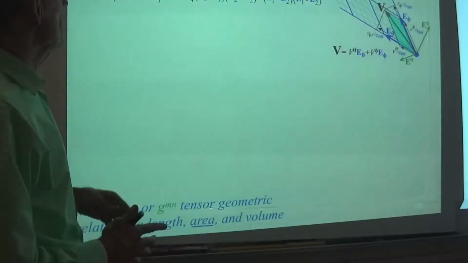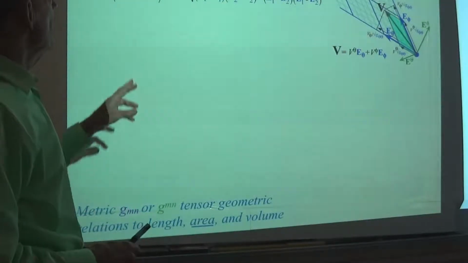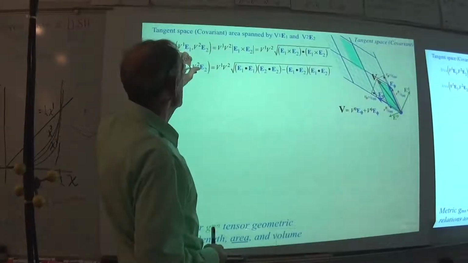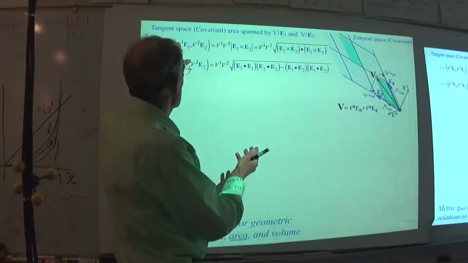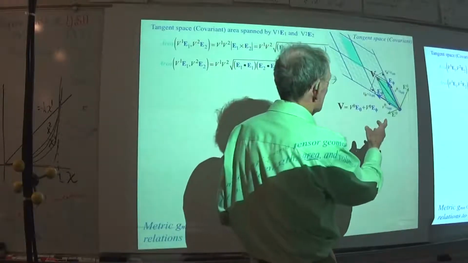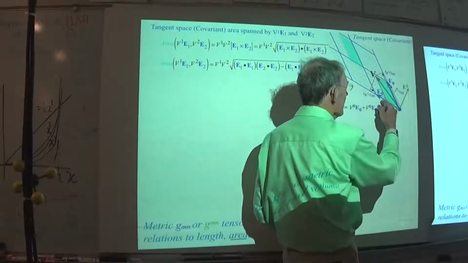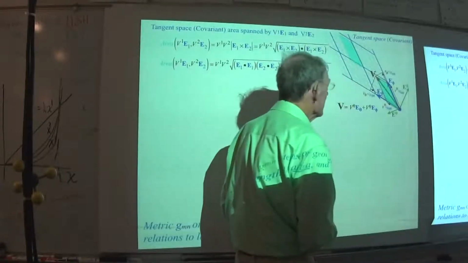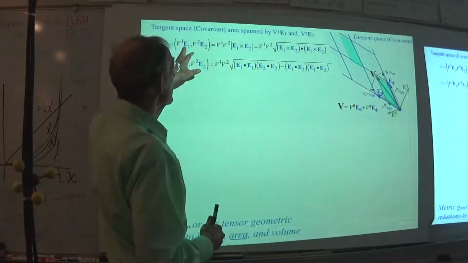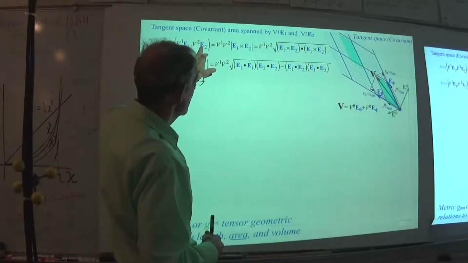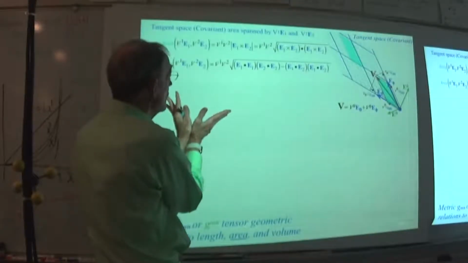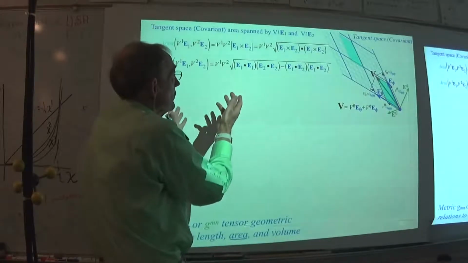When it comes to doing area, if I have the area associated with these two vectors, E1 and E2, there's one, there's the other, number 1 and 2, and the area that is enclosed by two vectors is simple vector geometry.